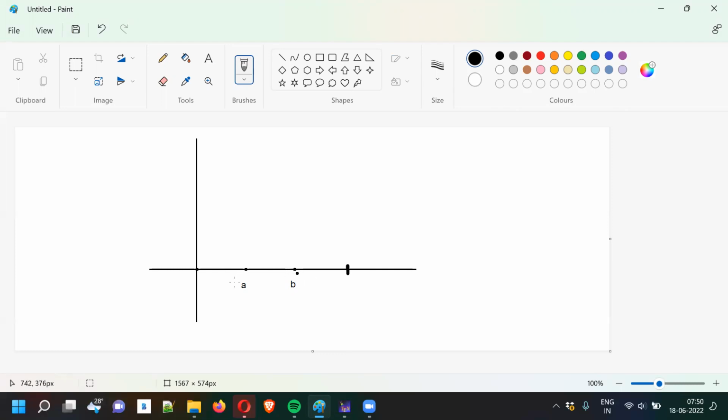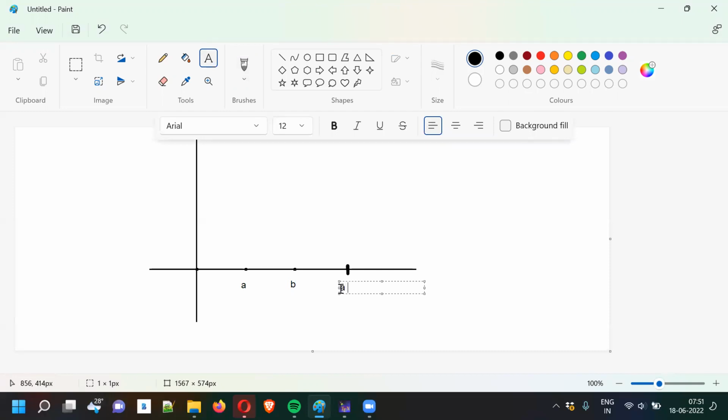That distance, measured from the origin to a, is a itself. Now the same distance, when you draw it as an arc from b, will add distance a to b on the right hand side. So when you make the arc, it will be b plus the distance a, which is b plus a, or a plus b. So this is the point a plus b.